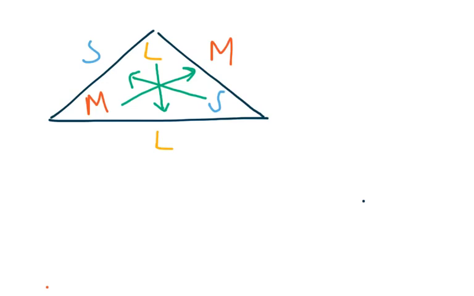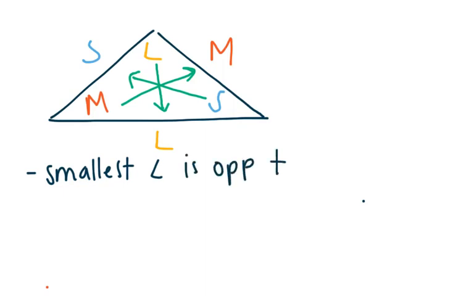So let's write that out. We have the smallest angle is opposite the smallest side.